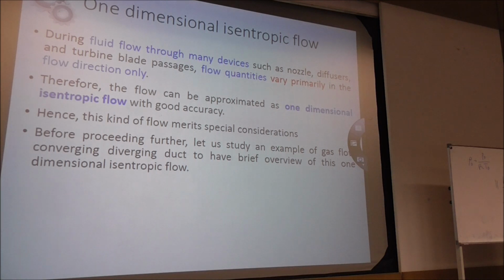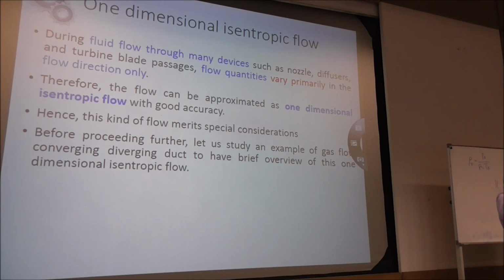Now you know that compressible flow is very complicated, but of course in the class we need to simplify our problem. In most devices such as nozzle, diffuser, or turbine blade, the flow quantities only vary in one direction, from the inlet to outlet.